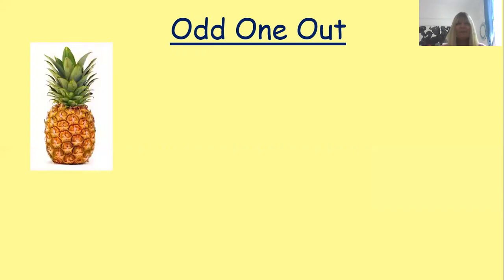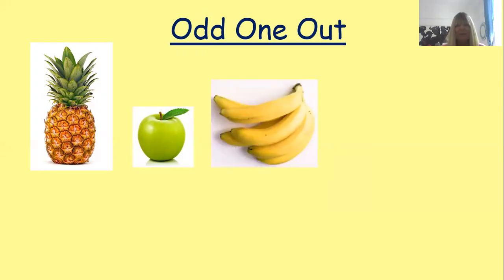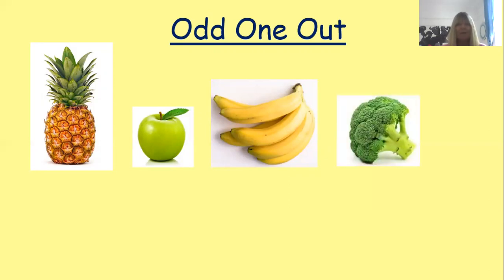Odd one out. Now, here we go. First picture, it's a pineapple. Second picture, a green apple. Third picture, bananas, bright yellow bananas. Fourth picture, broccoli. Fifth picture, yum yum, one of my favourites, strawberry.